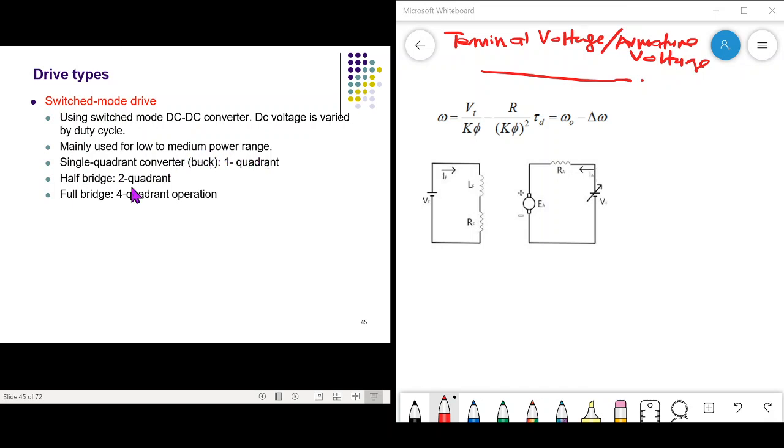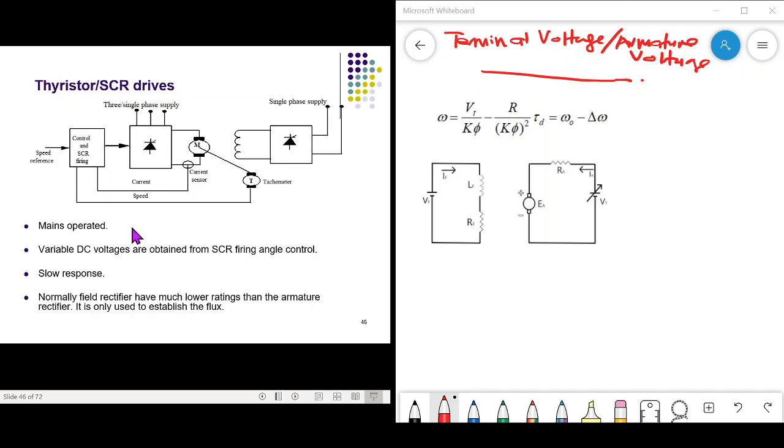For a single quadrant converter, we can use a buck. Then we have a half bridge, which is two quadrant, and a full bridge if you want to operate in four quadrant.